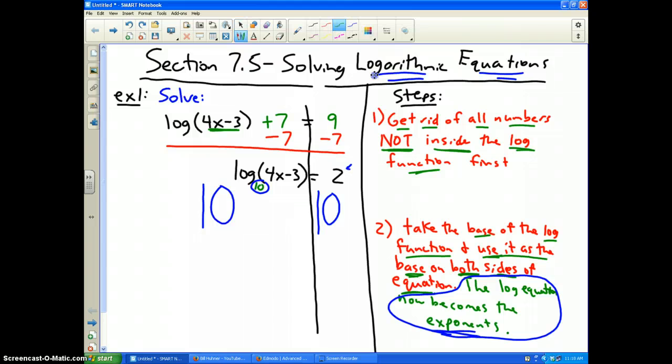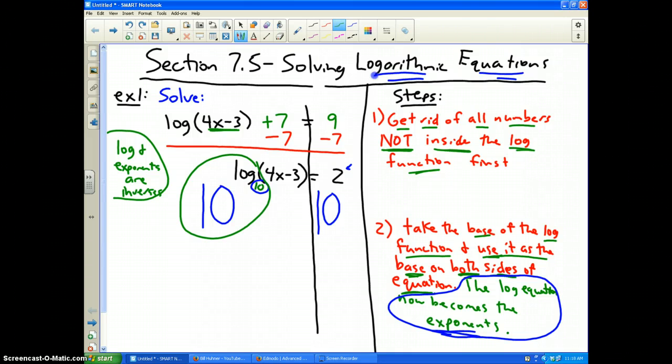Now, why does that work? Well, remember, logs and exponents are inverses, meaning they undo each other. They cancel each other out. So this log base 10 and the big blue 10 are going to cancel each other out, leaving me with the equation 4x minus 3 is equal to 10 squared.